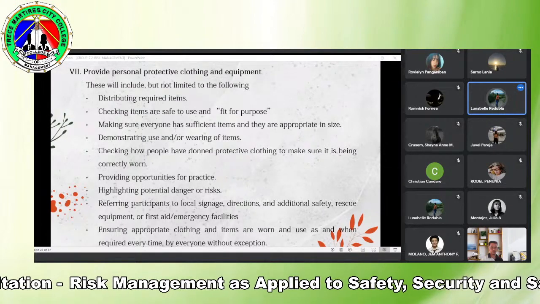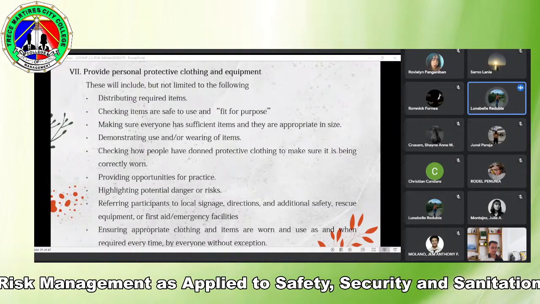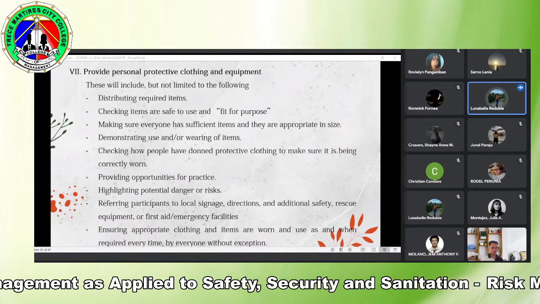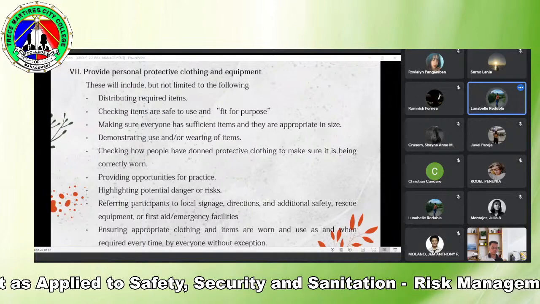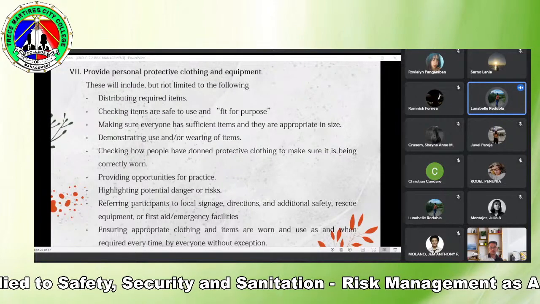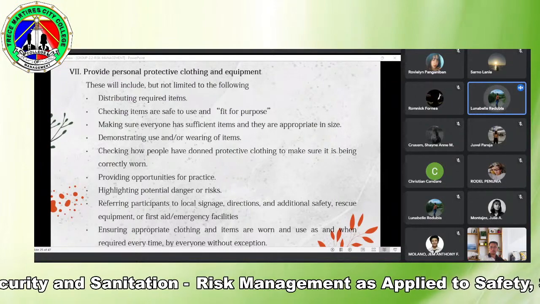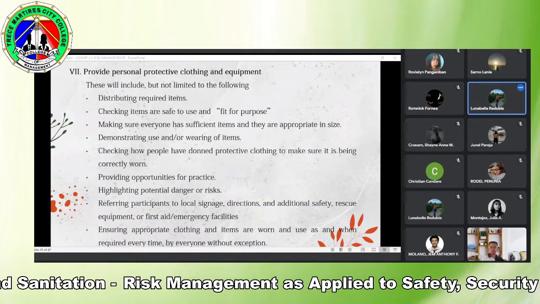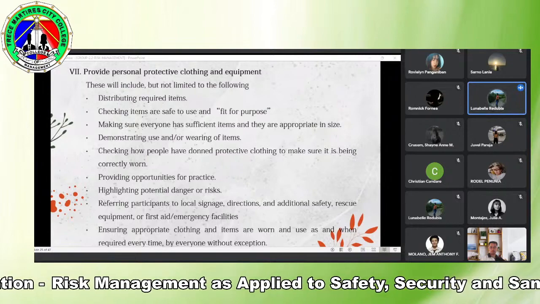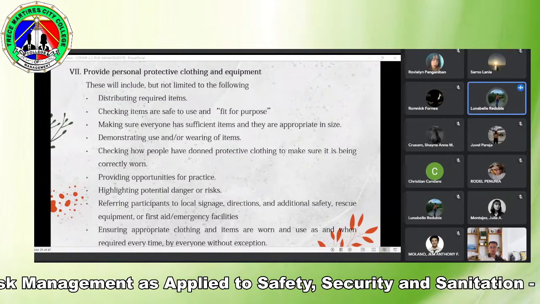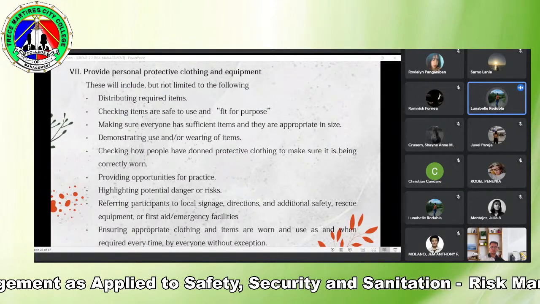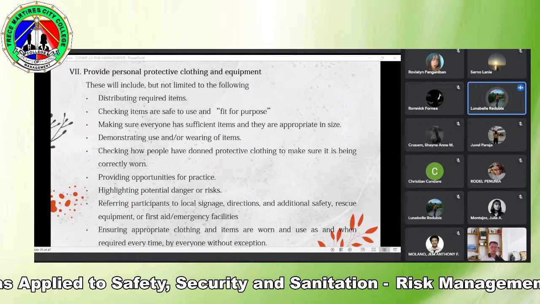Though, di ba nung kasagsagan pa nung COVID, bumaba yata tayo nun sa level 3 or basta yung pwede na lumabas yung mga bata. Ang daming matitigas ang ulo, even though medyo bumaba na yung cases, dapat nagsusuot pa rin tayo ng proper na face mask, face shields.